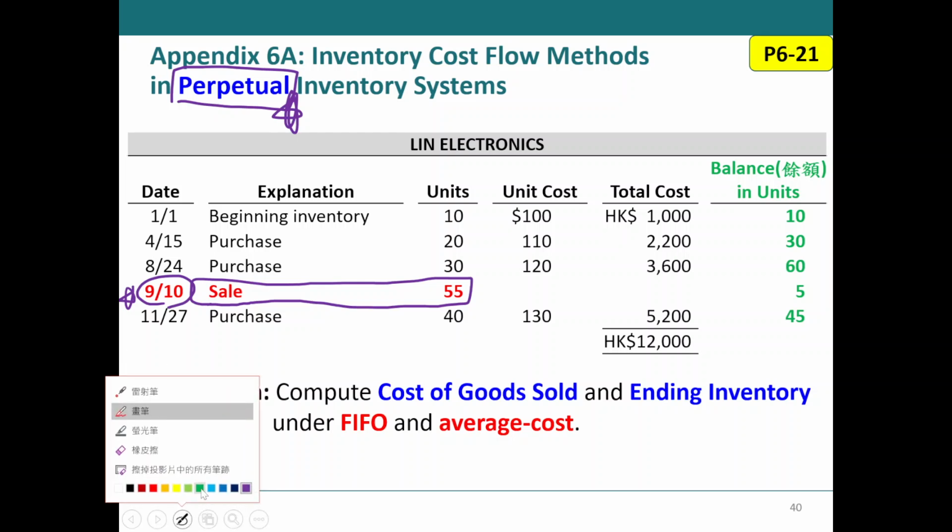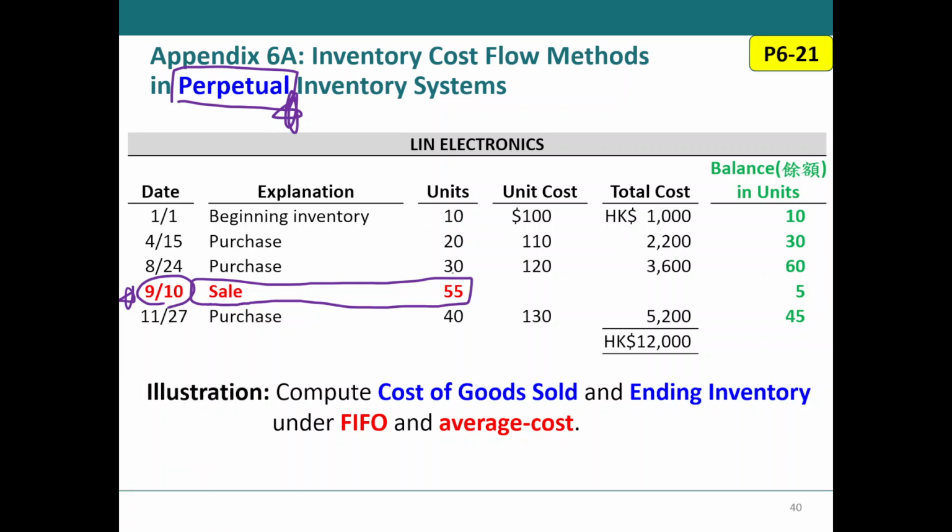The inventory we have is from the first three purchases. So totally I have the inventory 10, 20, 30. It's not including the last one. Why? The last one is for the future, not for today.